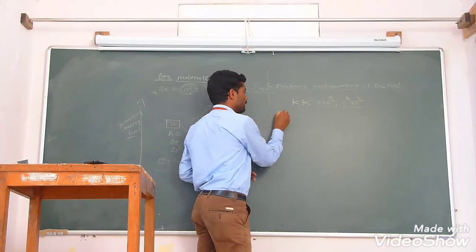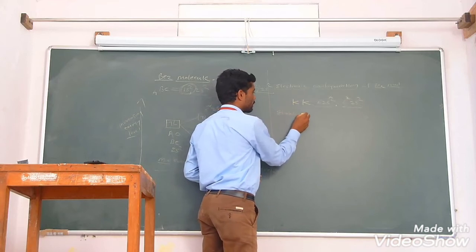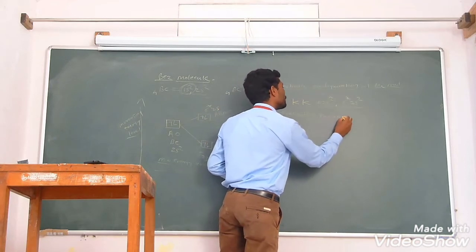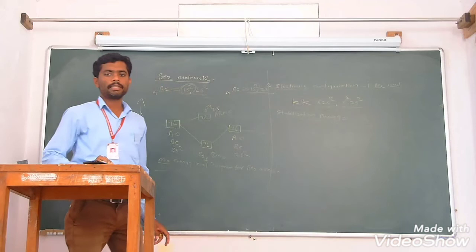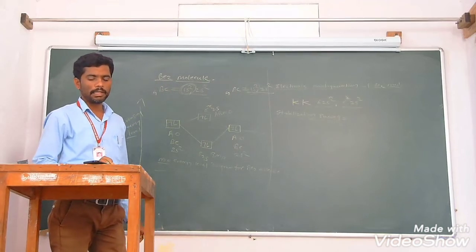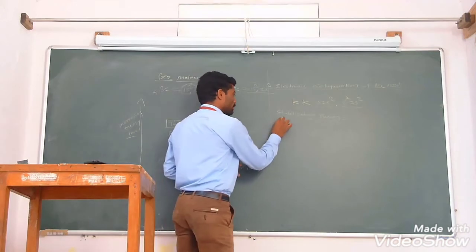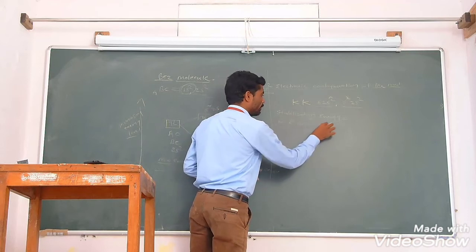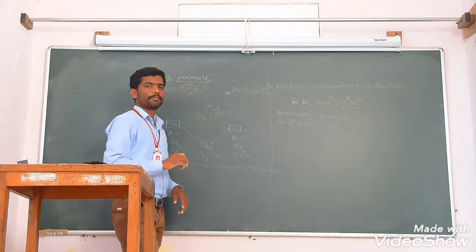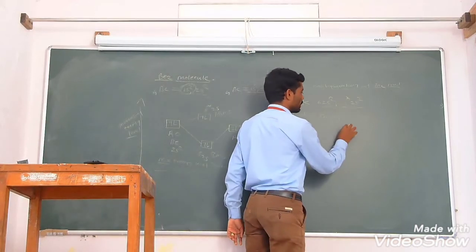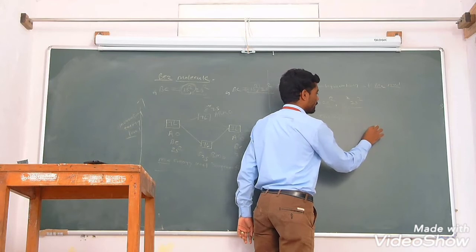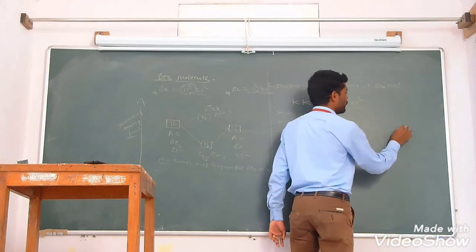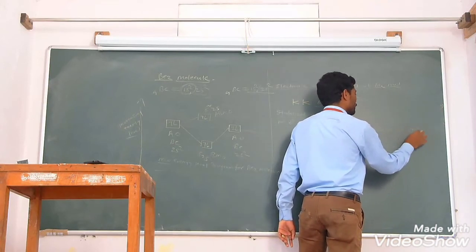Then stabilization energy. We know that the stabilization energy of any molecule can be calculated by using the formula: number of electrons present in the bonding molecular orbital times minus beta, plus number of electrons present in the antibonding molecular orbital times plus beta.